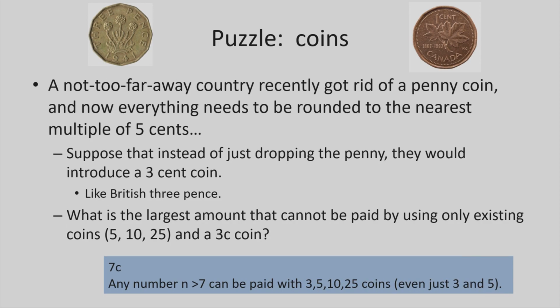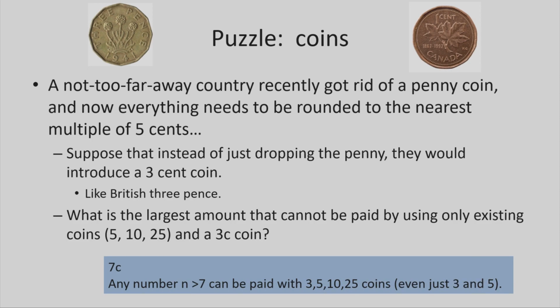And actually, in fact, we only need 3 and 5 because 10 and 25 we can just make out of 5s. Let's prove it. Let's prove that every amount of change that's 8 or more can be paid with only 3-cent and 5-cent coins.